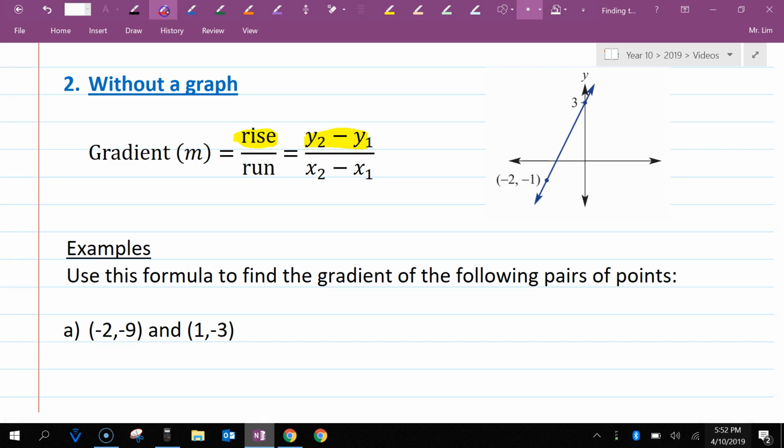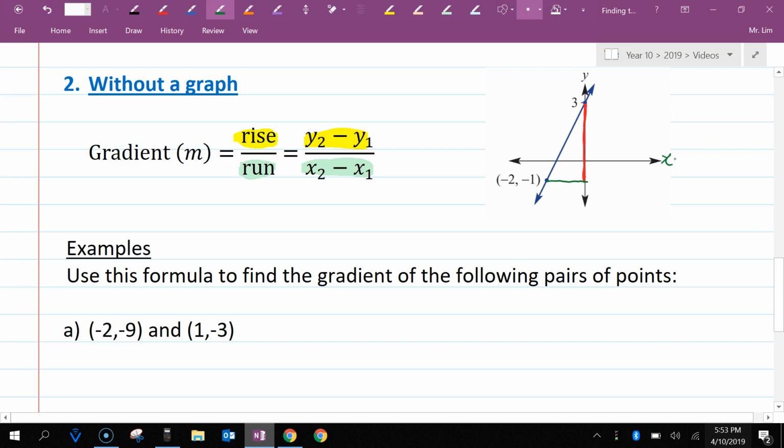And in order for us to work out how far it rises, can you see how we're drawing that along the y-axis? It's a vertical line, which represents the y-coordinate. The run, however, is the x. If we were to draw a line that goes across, it's parallel to the x-axis.